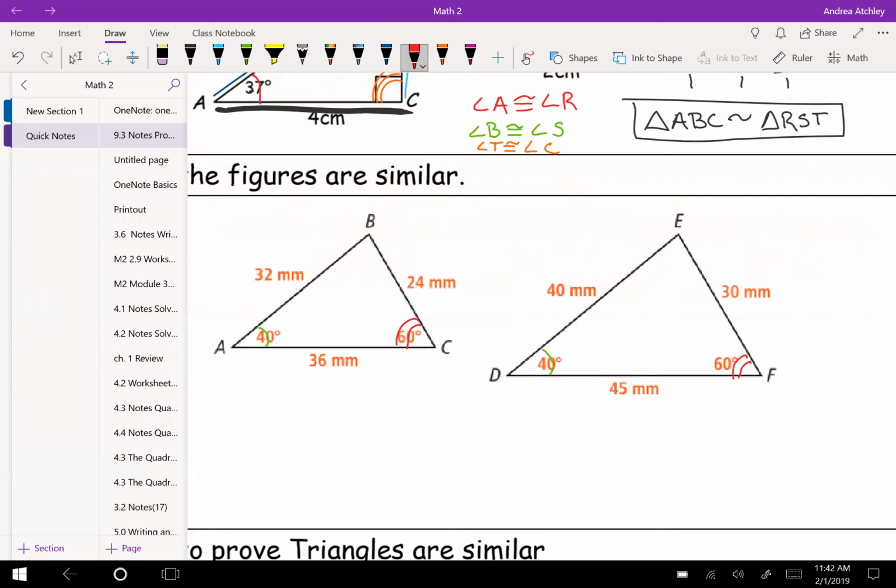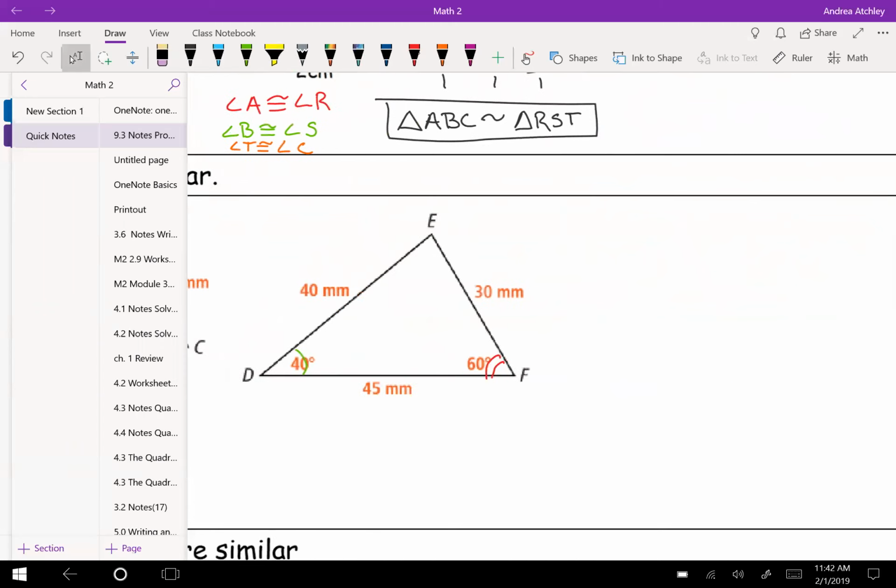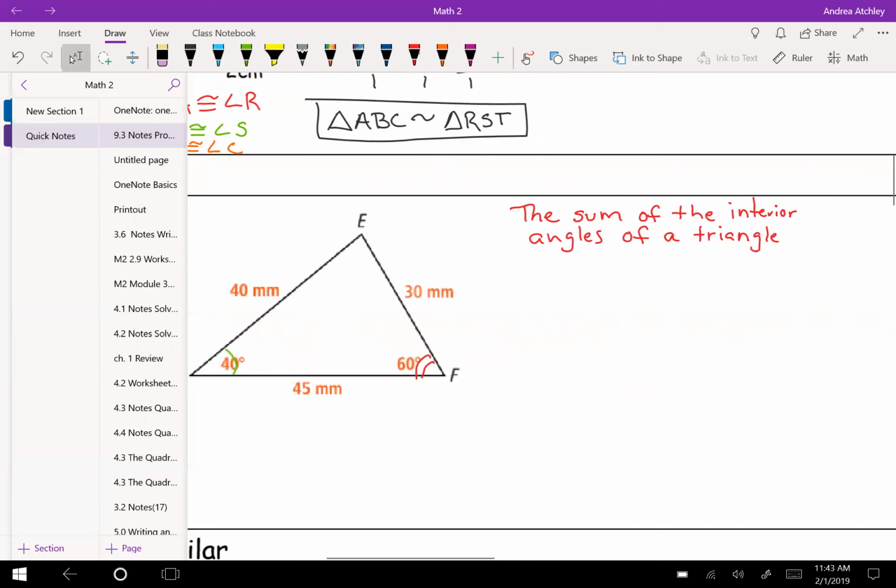Let's see. Does anyone remember how many degrees are in a triangle? 180. Very good. We're going to write that down. The sum of the interior angles of a triangle equals 180 degrees.